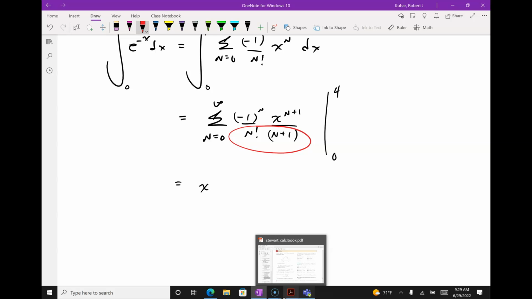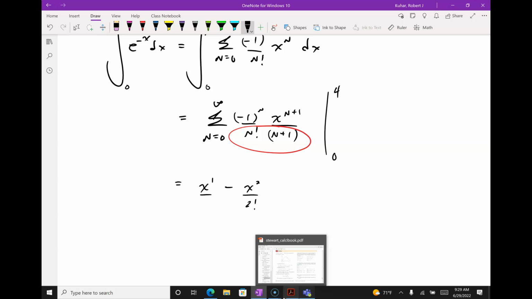All right, what about for 1? When n is 1, what do we got? Yeah, negative, over 2 factorial. Yep.